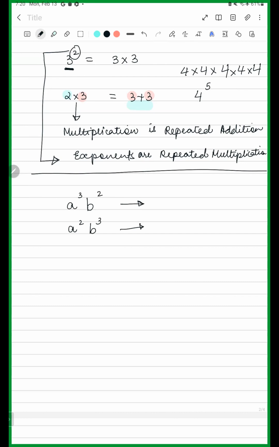Why are they different? Because a is another number and b is another. So if we multiply them, we won't get the same answer. Very good. Yes, it's different. You said the right thing first. Because this is a into a into a, multiplied with itself 3 times, and then we have b into b, 2 times, but over here a is only 2 times and b is 3 times, so they're different things, right? Yeah.